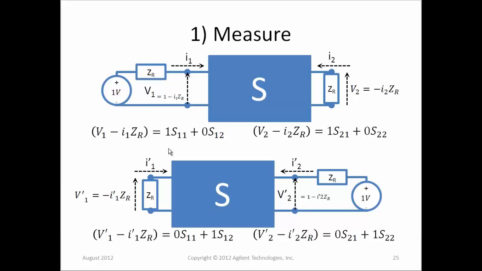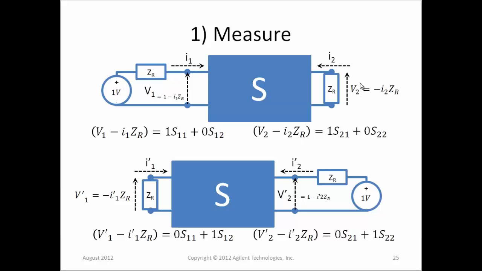So if we think about it, how do I set this value to be equal to 1? Well, it turns out if I have a 1 volt voltage source and a real resistor equal to the reference impedance, that will set up this value to be equal to 1.